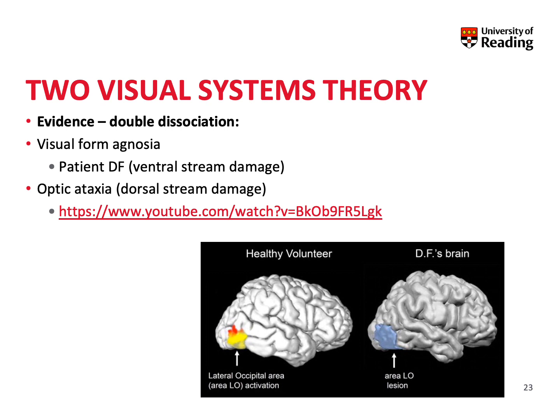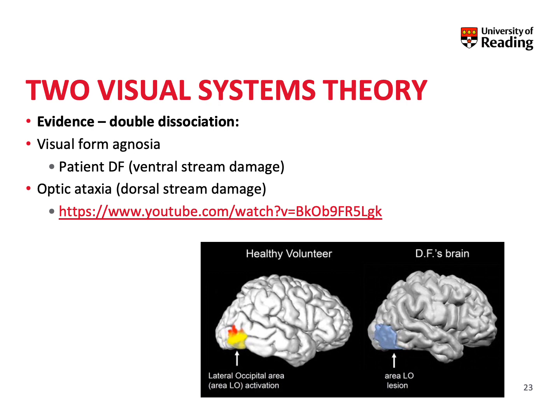So the first dissociation is visual form agnosia, and there's one particularly famous patient with this called patient DF who suffered carbon monoxide poisoning, producing ventral stream damage. Now that's highlighted in the brain diagram on the left, showing the lateral occipital area, which is the area that in patient DF is most damaged.